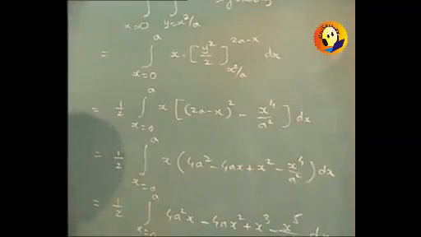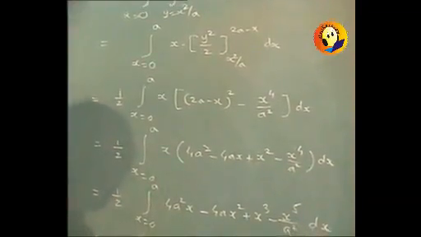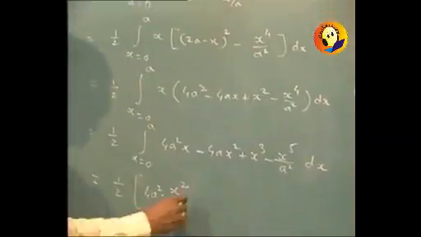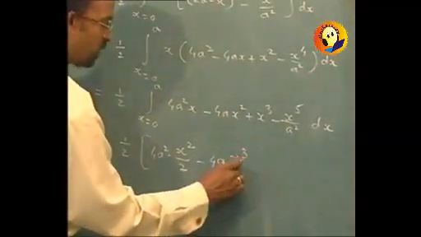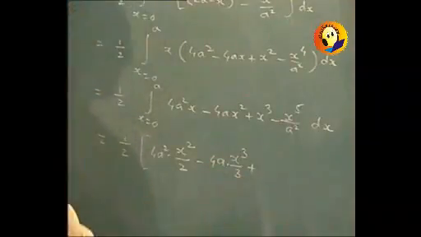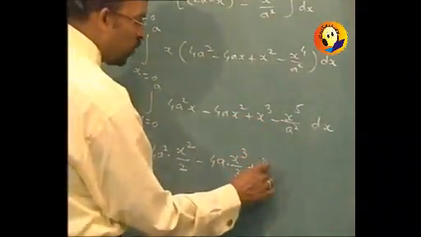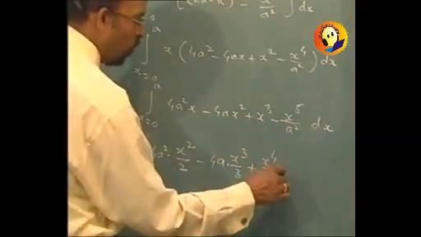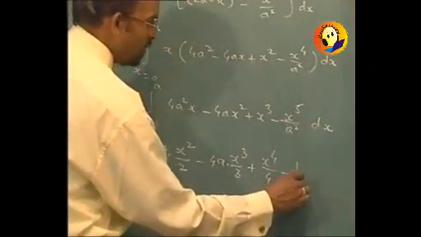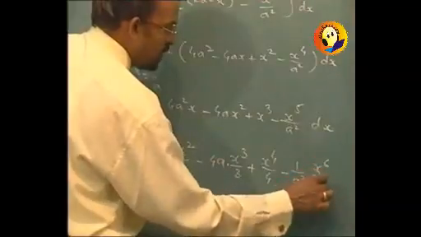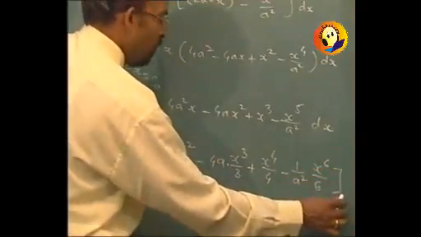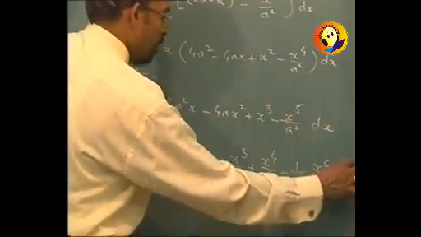Integrated as 1/2, 4a square is constant, integration of x is x square by 2, minus 4a, integration of x square is x cube by 3, plus integration of x cube is x raised to 4 upon 4, minus 1 upon a square as it is, integration of x raised to 5 is x raised to 6 upon 6 between limits 0 to a.